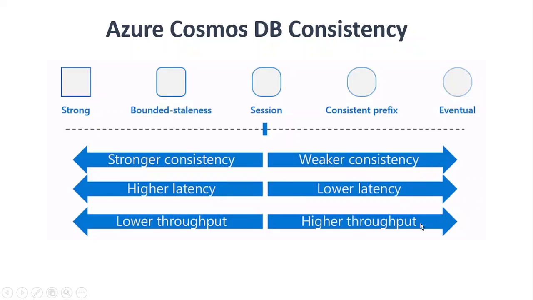Because this is for the replicas, the places where we are replicating our copy, depending on your requirements, you can go with whatever consistency fits well with your requirements.